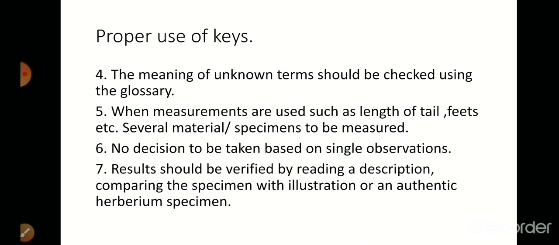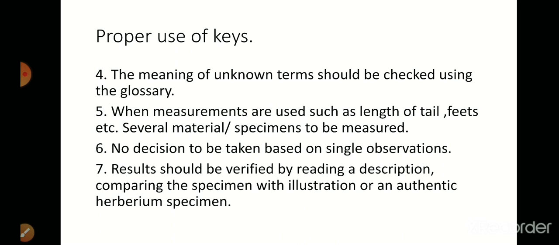Okay, so next point is results should be verified by reading a description, comparing the specimen with an illustration or an authentic herbarium specimen. Okay, so at this point we can say that whenever we identify an unknown organism, we have to verify the description or its characters against an authentic herbarium specimen.